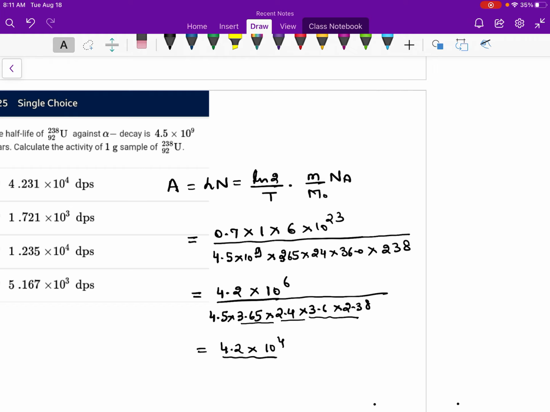So the only option is 1.235. So this way you can only calculate, otherwise the exact calculation will take a lot of time. I would advise you to leave the question instead. So this is 1.235 into 10 to the power 4 dps. Just try to approximate it as much as you can, otherwise leave the question. We can't afford so much time in calculation.